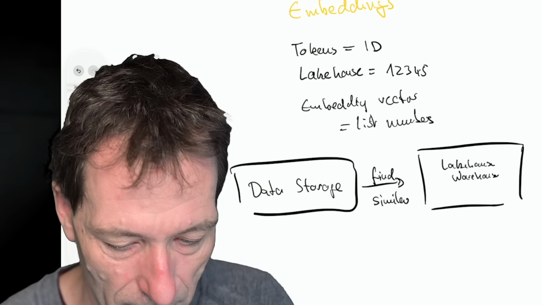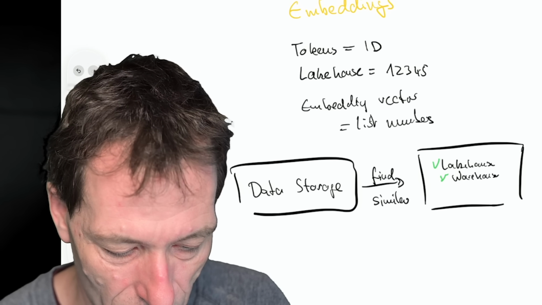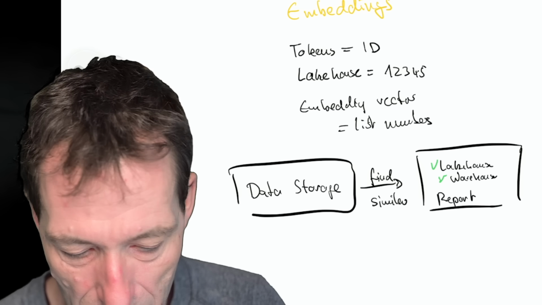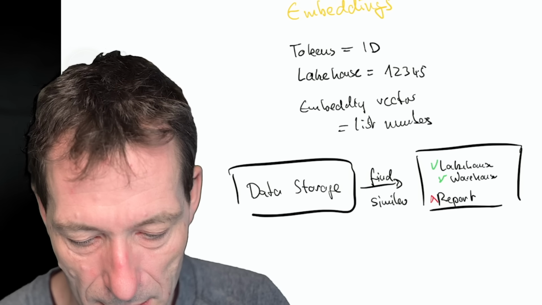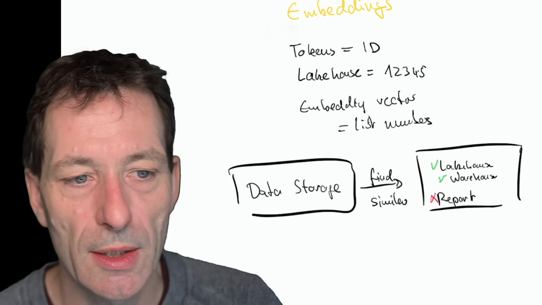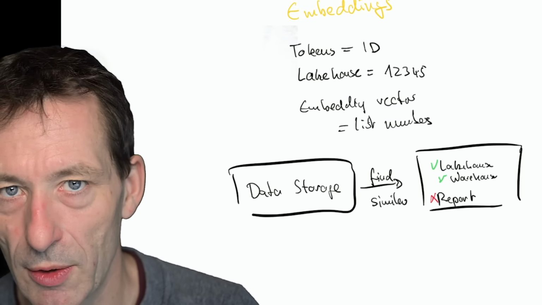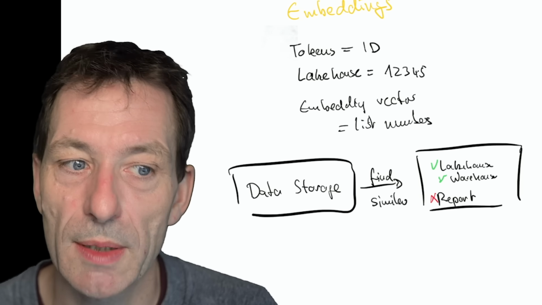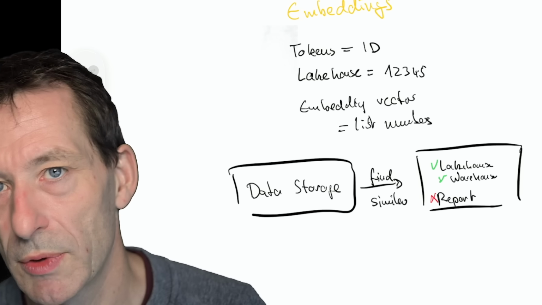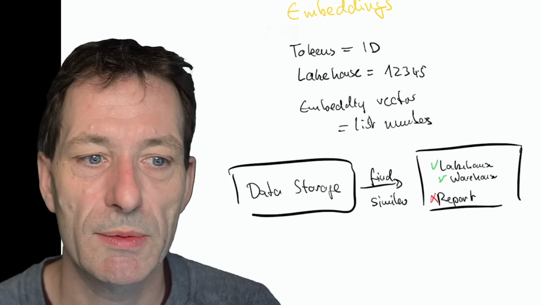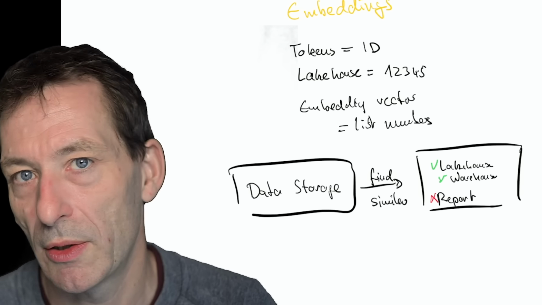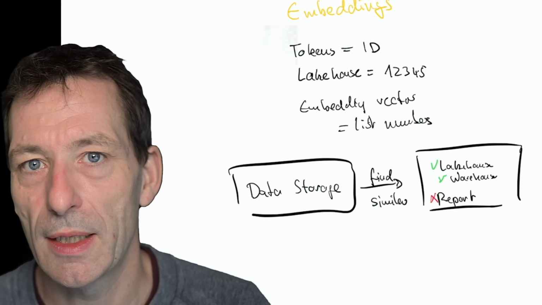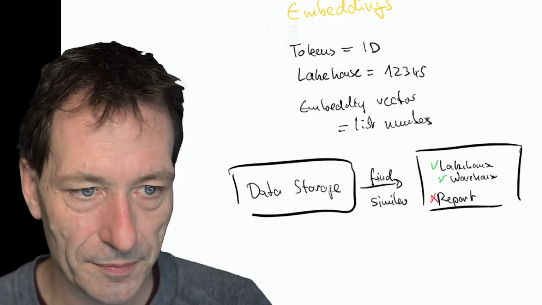Not identical, but similar. But report is too far away. Of course, it depends on the distance, right? In this case, report is far apart in the vector space. Completely different concepts between lakehouse and report, but similar concepts between lakehouse and warehouse. Both store data. So in the vector space, they are close together.